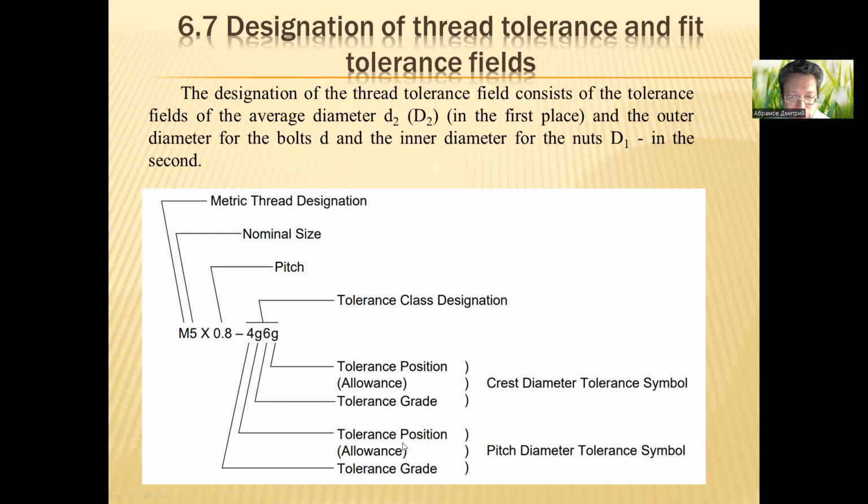G, tolerance position or allowance. 6, tolerance grade, and G, tolerance position or allowance. For first place, it's pitch diameter tolerance symbol and crest diameter tolerance symbol.